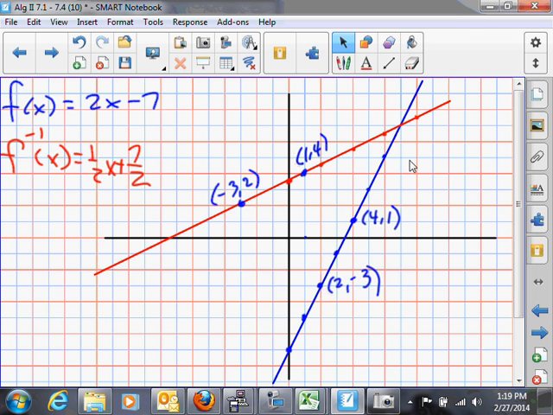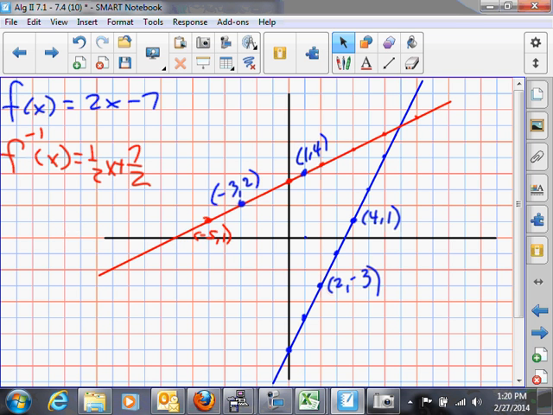Let's take a look at points that are actually on the red line, see if we can find whether or not the inverse works. Let's see, here is the point (-5, 1).